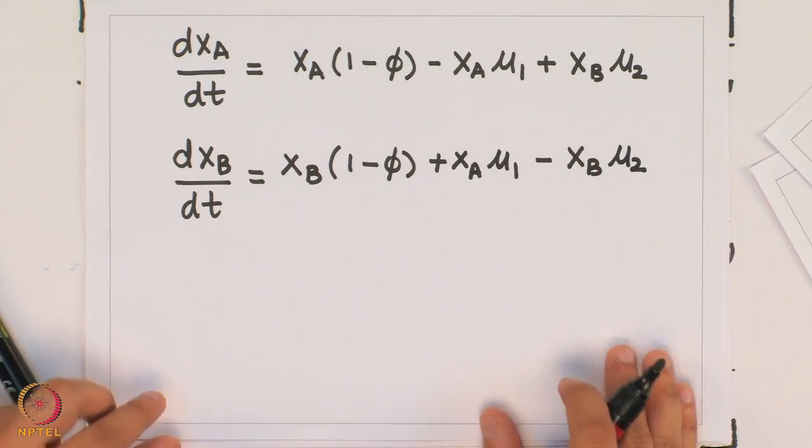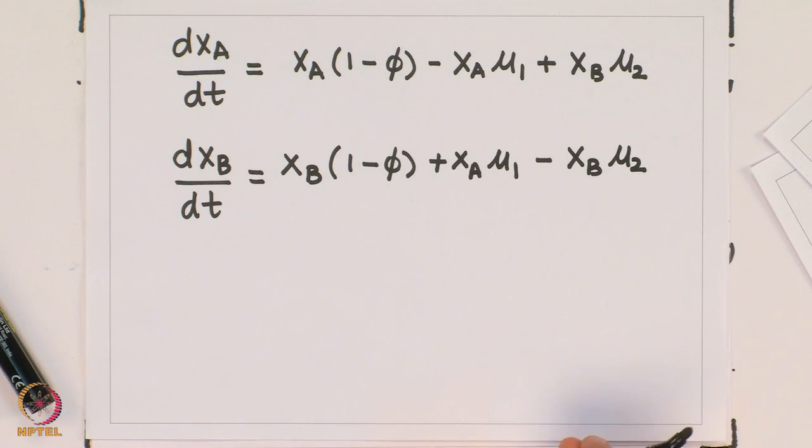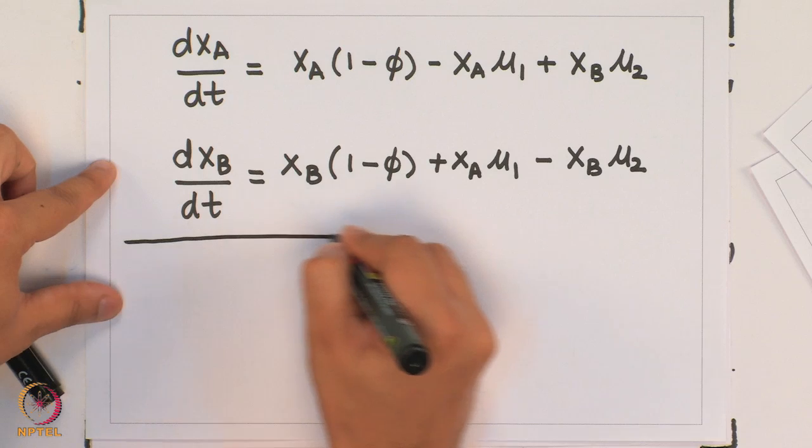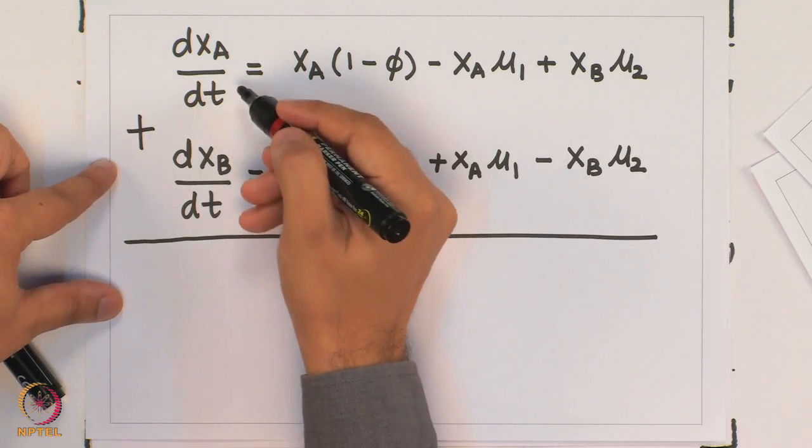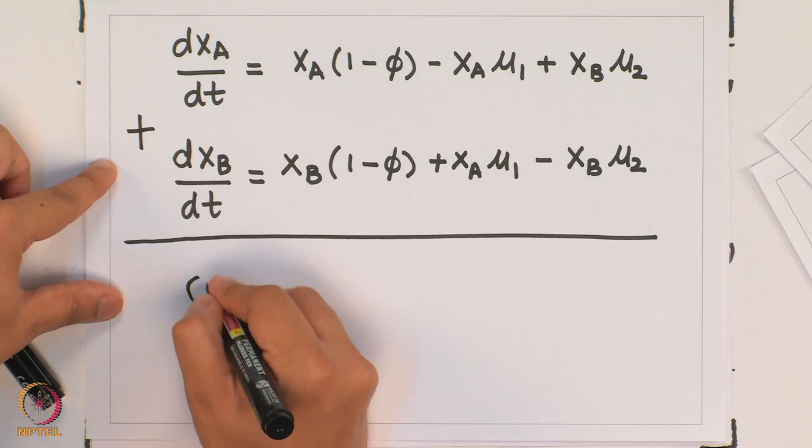And now I am going to use the constraint that the total number of individuals in the population is equal to K, and hence that gives me the relationship that the sum of derivatives dxa/dt plus dxb/dt is equal to 0. I just have to add these two equations. I add them, but I know that this sum is equal to 0.